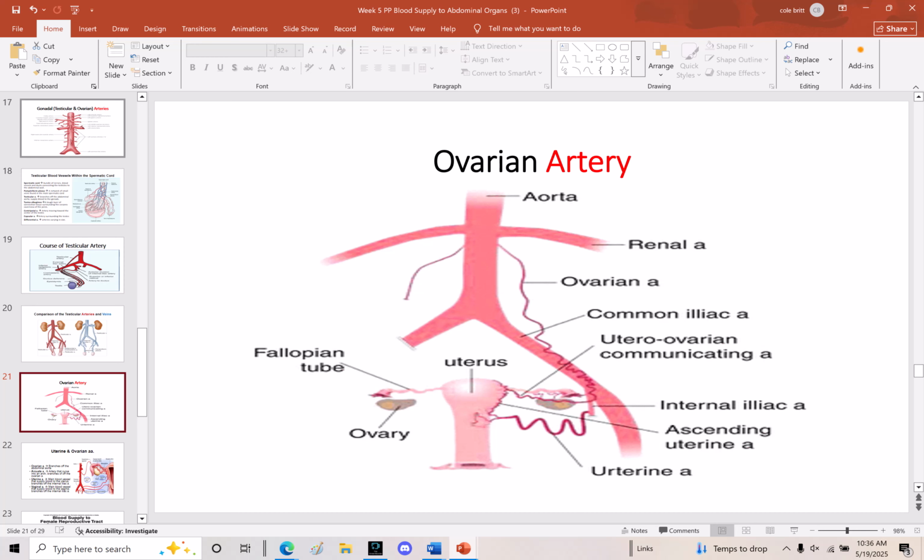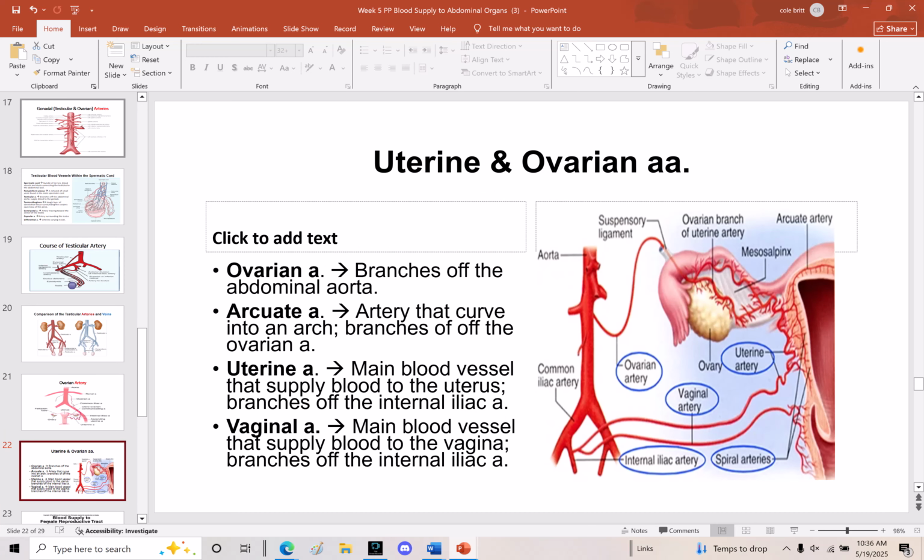Now down here coming off the internal iliac artery, you have a uterine artery coming in. The two come together to make this big arterial anastomosis, supplying both the ovary and the uterus. The uterus has a ton of blood supply. I don't think anybody doesn't know that. You ladies have a menses once a month.